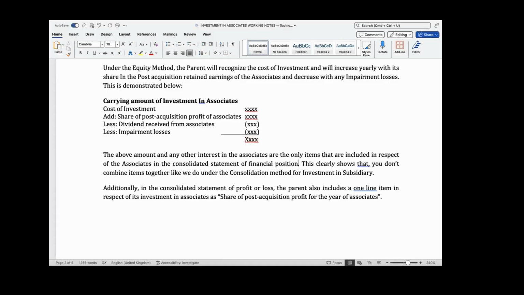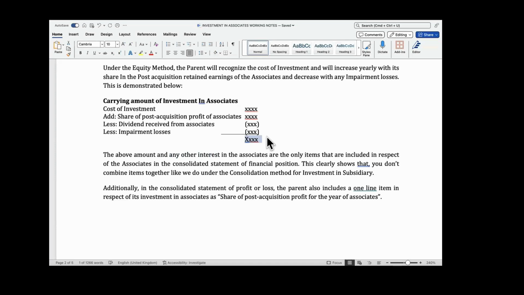Let me be specific. And if he has any other interests, any other assets, any other thing he has in the associate, he also includes that as well. In addition to this investment in associates, if he has any other interest, he includes it. And that's the only thing he includes in the consolidated statement of financial position.